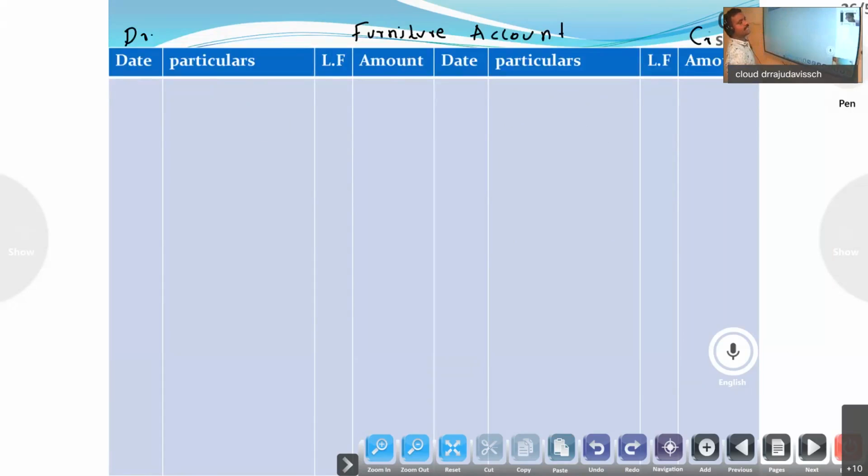Where I have to write, debit or credit? Debit side. So debit side 8, 11, 14 to cash account. So it will be 5,000.